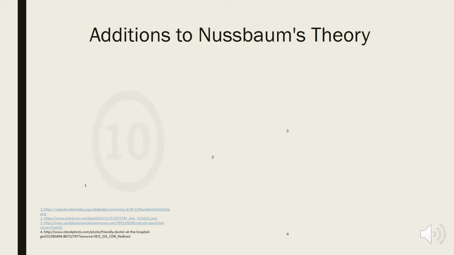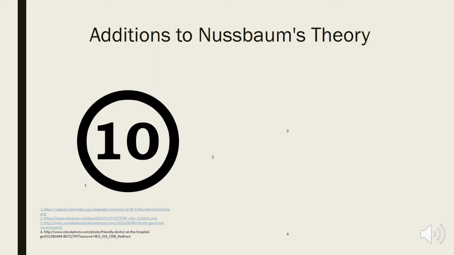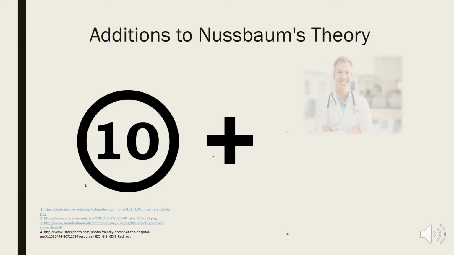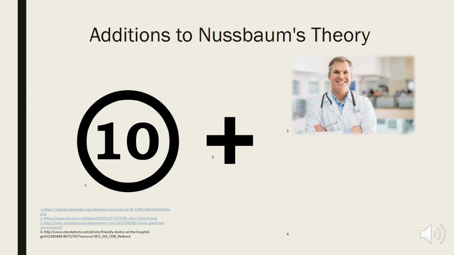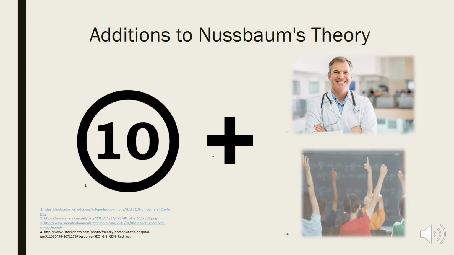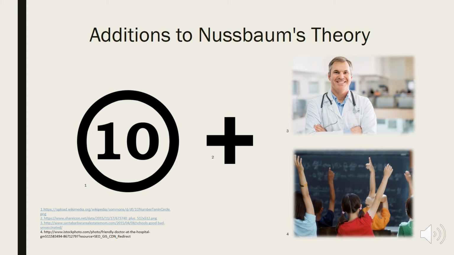While Nussbaum's 10 central capabilities are a good start, we believe that her list could benefit from two important additions. The first of these additions is access to quality healthcare, and the second addition is access to quality education through a high school level.